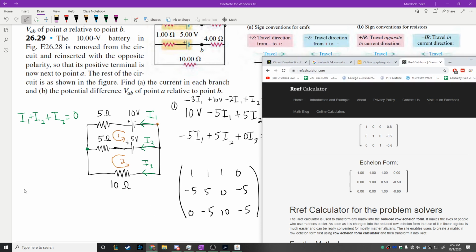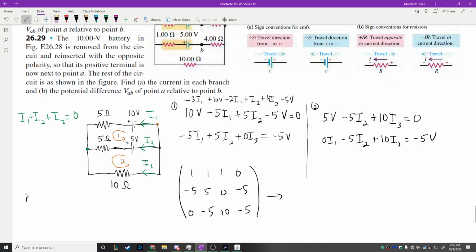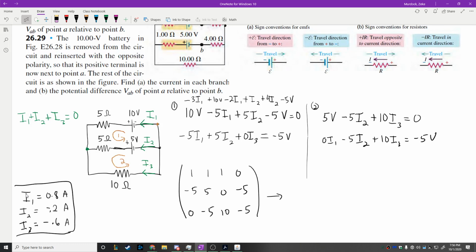So we end up getting I1 is 0.8, negative 0.2, and negative 0.6. I think that's what it said. I'll tap back. You should also be able to verify this by doing it by hand.